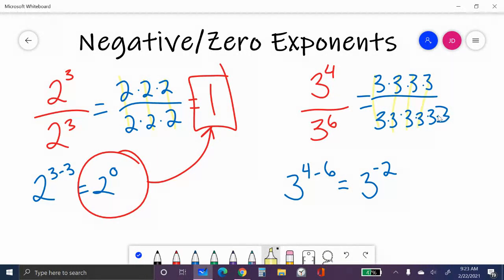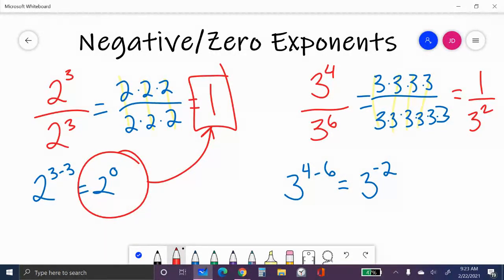So I'm left with 2 threes on the bottom. And remember, when I cancel these out, it doesn't cancel out to 0. It cancels out to 1. So it becomes a fraction where it's 1, since everything up here is canceled out, and there are 2 threes on the bottom. So it becomes 3 squared.